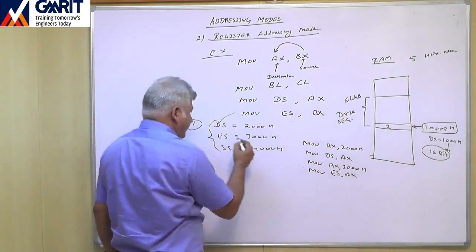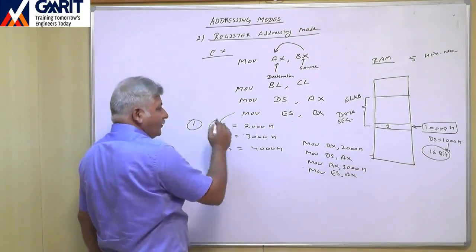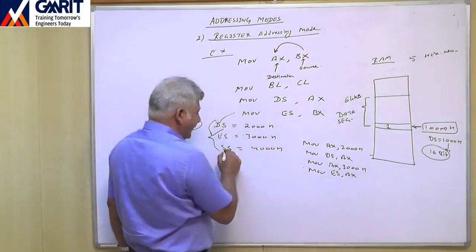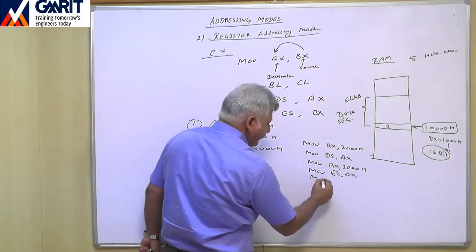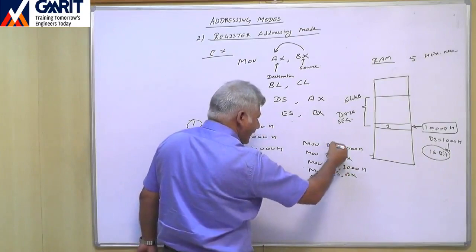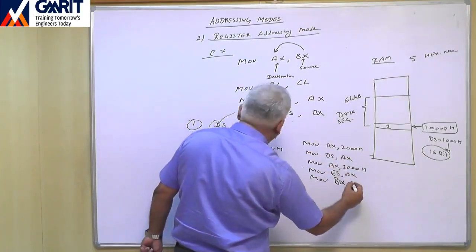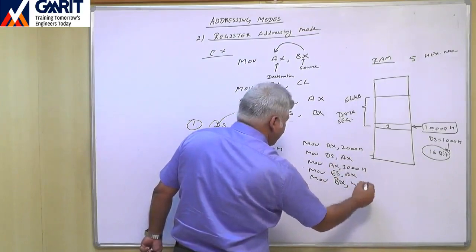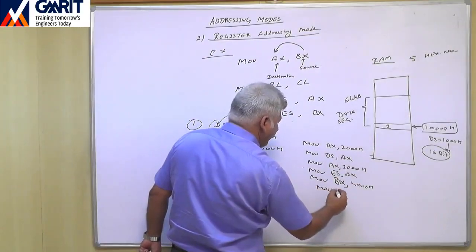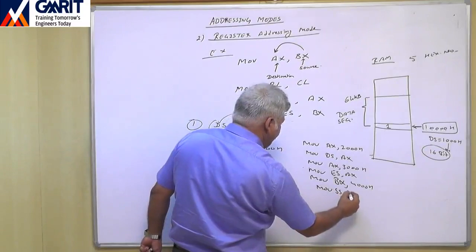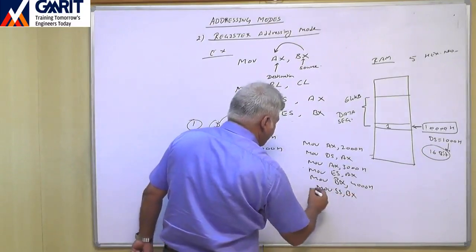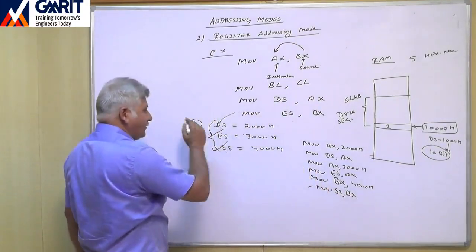So with this instruction, ES is also initialized by 3000. Now we have to initialize stack segment by 4000H. So MOV. Now you can use here any register. Suppose I am using BX. That is also possible. MOV BX, 4000H. And after this, MOV SS, BX. So this instruction will initialize this.